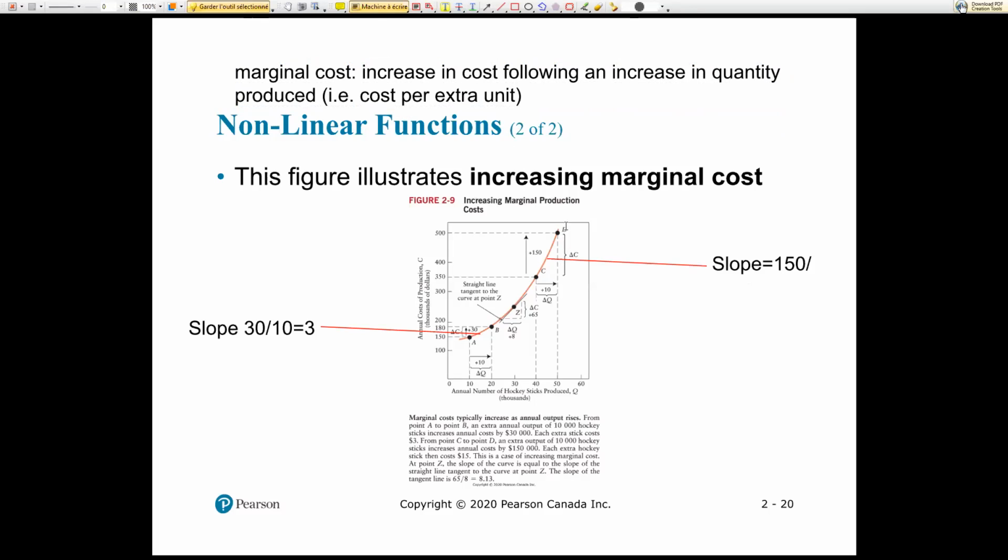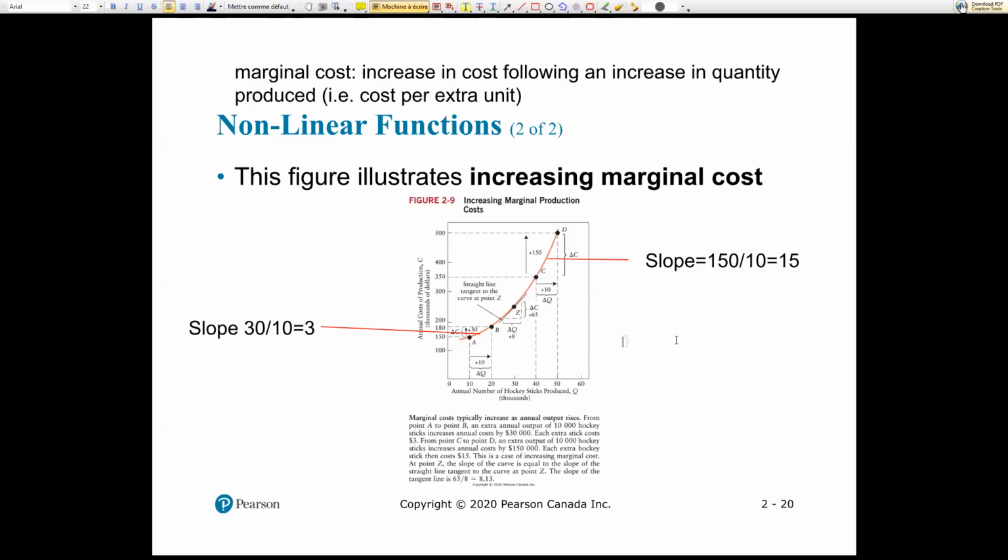So here this was 150 more, and this was 10. Yeah, 10 again. And this was 15. So it's much steeper there.